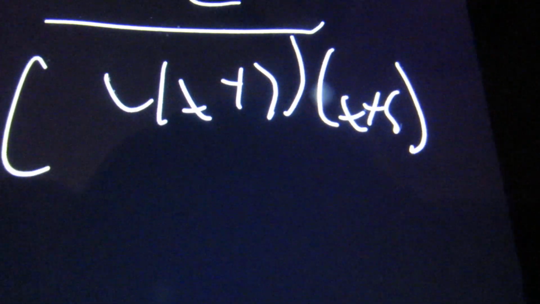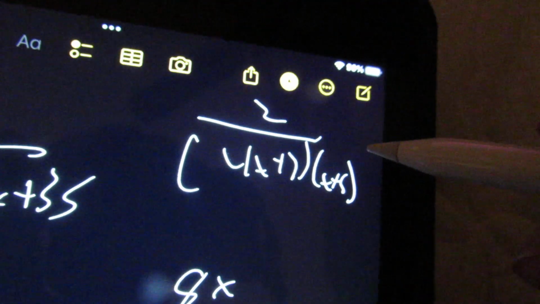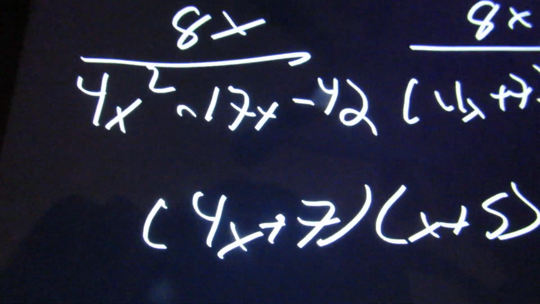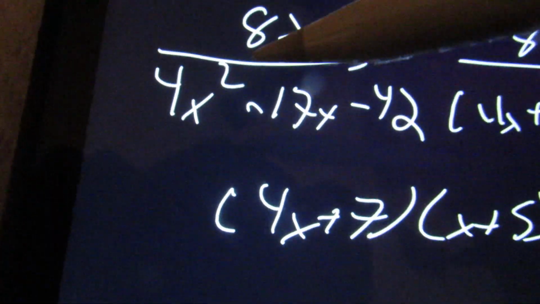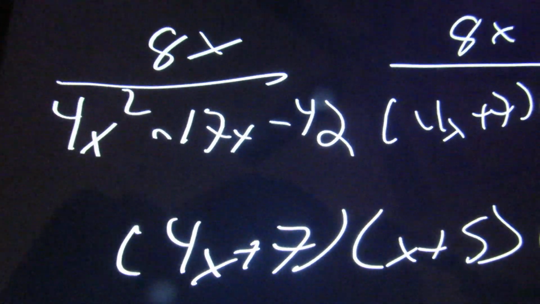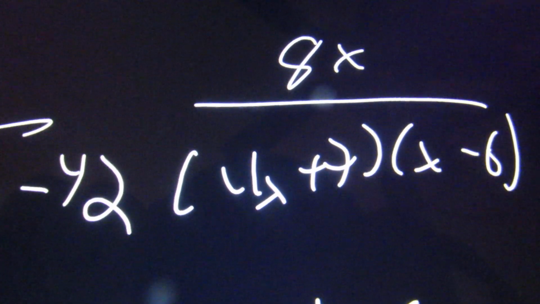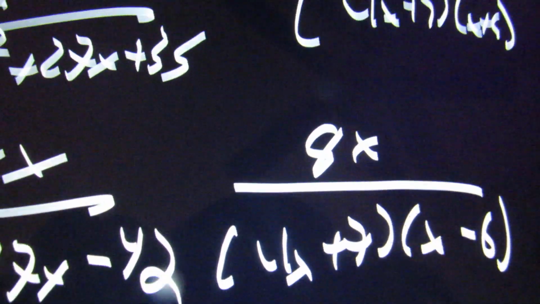So we're going to have 4x plus 7 times x plus 5. And for the second one, we have 4x squared minus 17x minus 42. When we factor that, we're going to get 4x plus 7 and x minus 6.